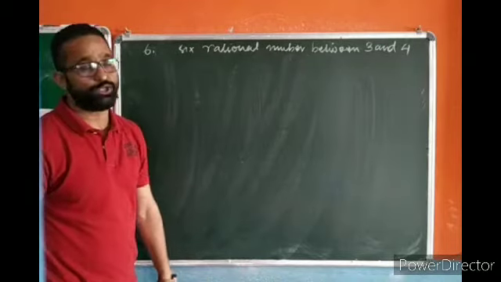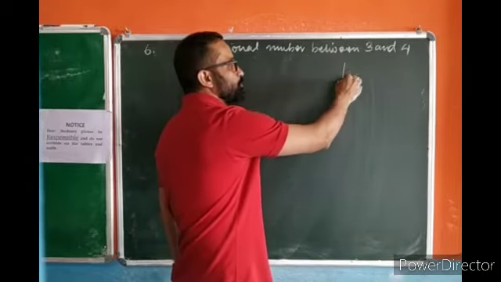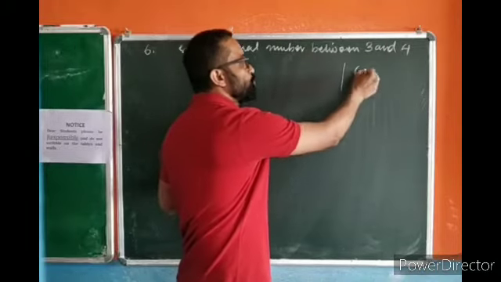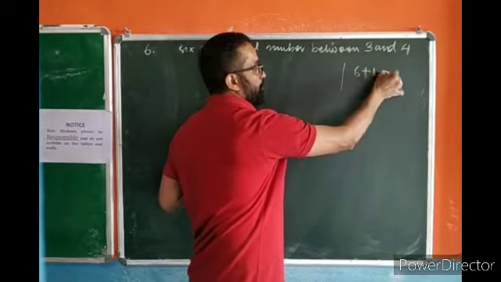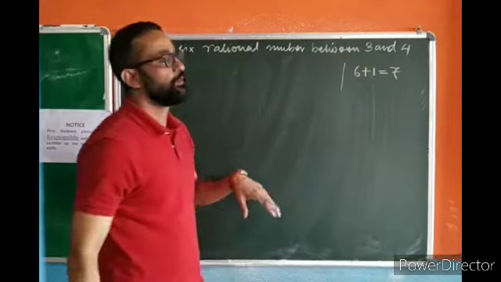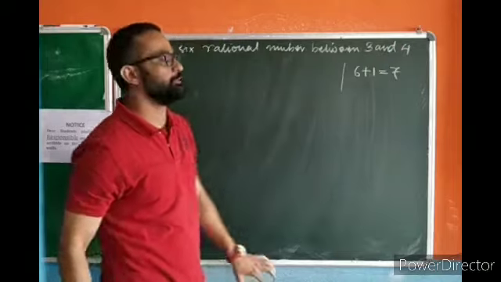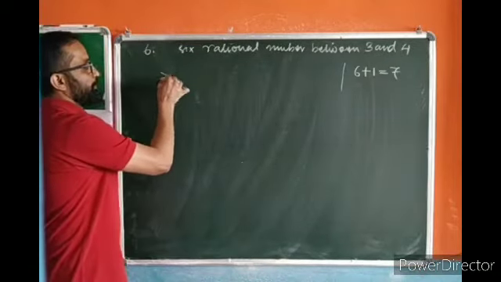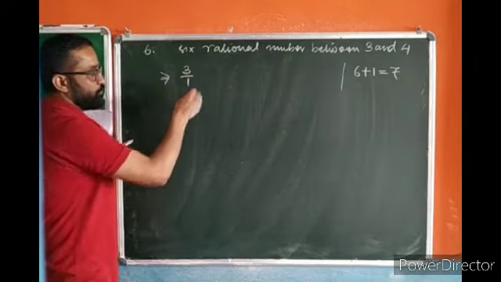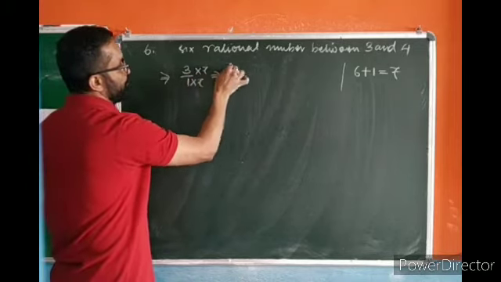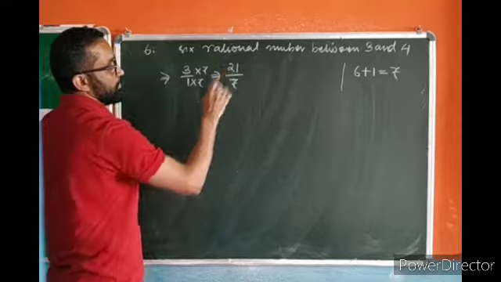Since we have to insert 6 rational numbers, you add 1 to it, we get 7. Each rational number we multiply by 7. Look at this, 3 by 1, we multiply by 7. 7 into 3 is 21 divided by 7.